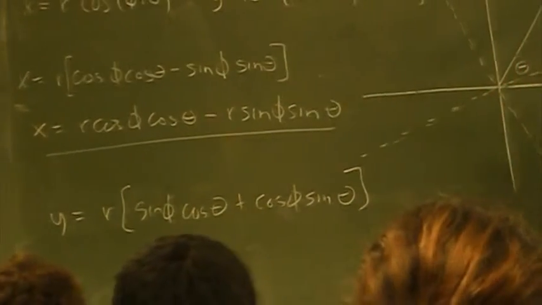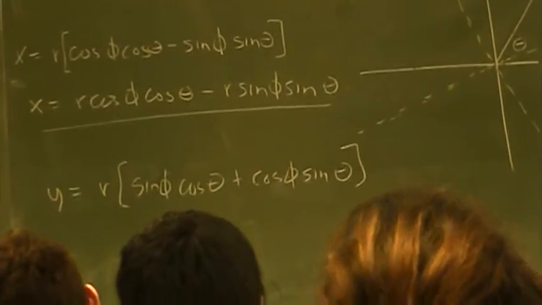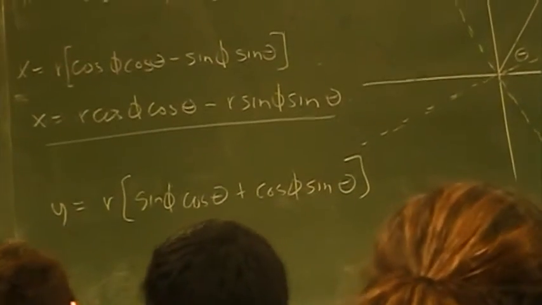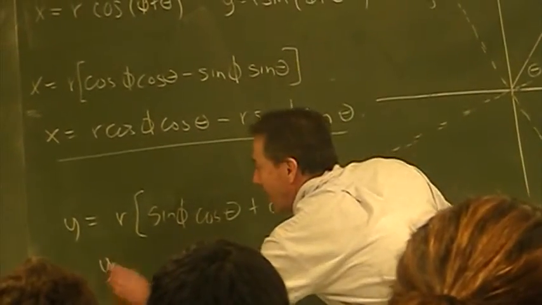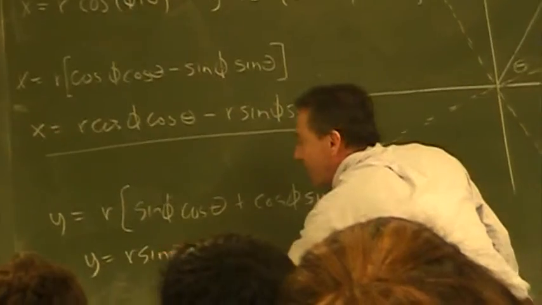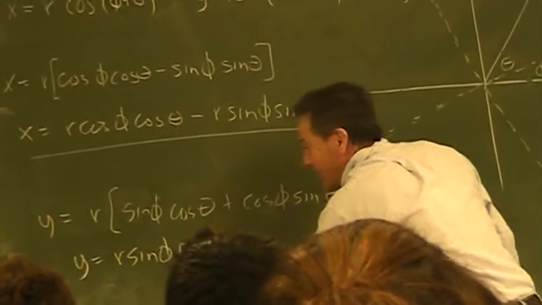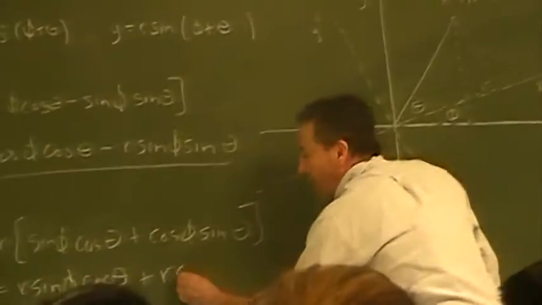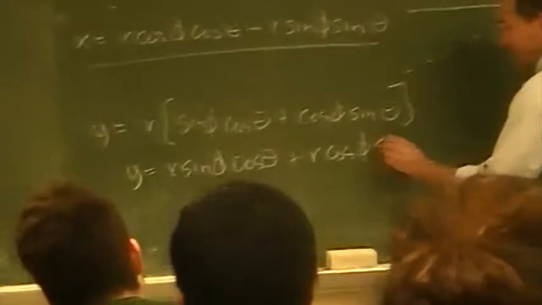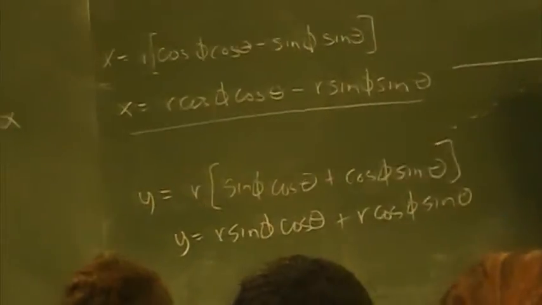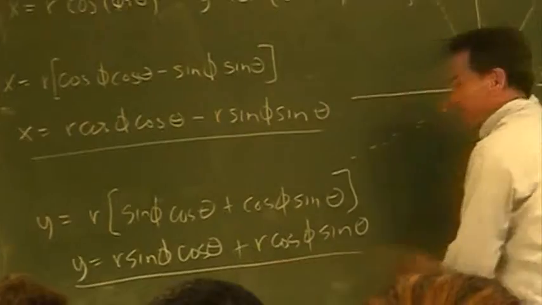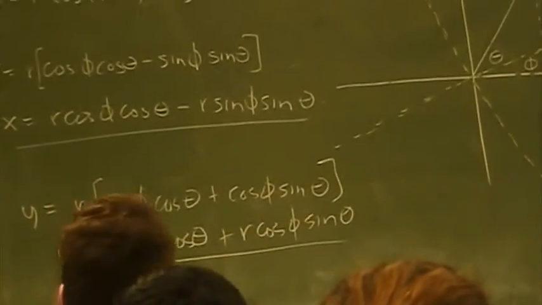So far so good? We're just getting started. Y equals r sine theta cosine theta, I'm just distributing the r, plus r cosine phi sine theta. I don't know what I said over there. Hopefully that's right. So far so good?